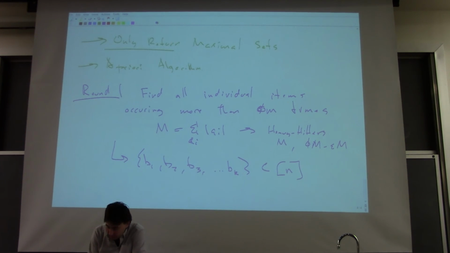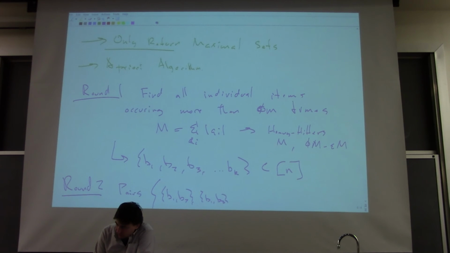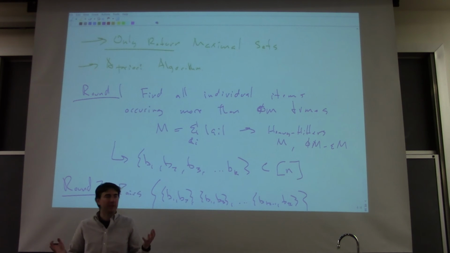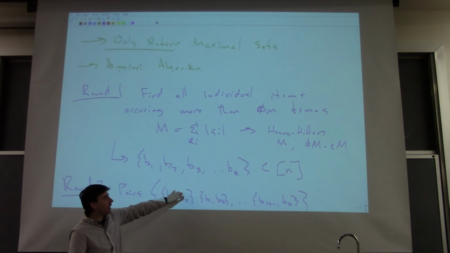Then in round 2, I look at all pairs, a set of these sets. So B1, B2, B1, B3, up to BK minus 1, BK. Now I'm going to have all these pairs, but this number of pairs is typically much less than n.